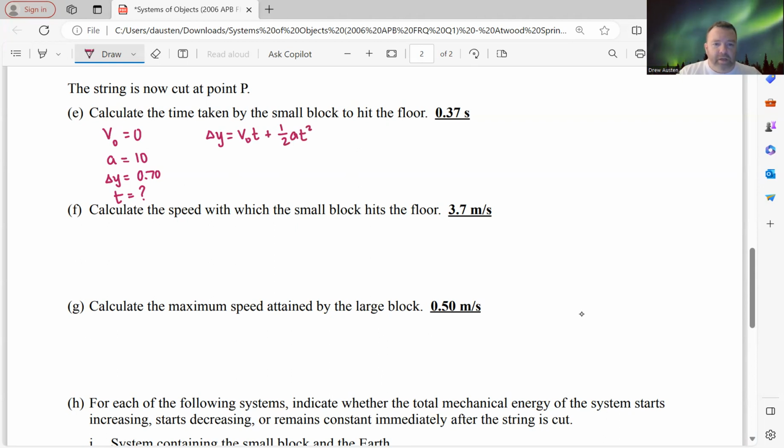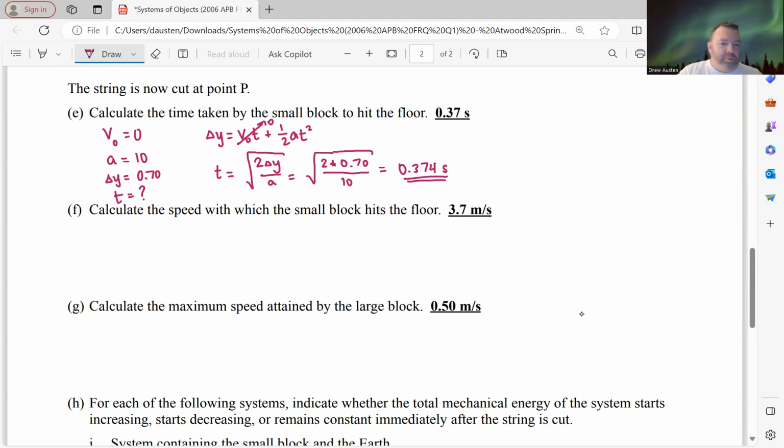The initial velocity was 0, so I can get rid of that whole term, and I can rearrange this to find t: multiply both sides by 2, divide both sides by a, take the square root, and we've got the square root of 2 times 0.70 divided by 10, and all that is going to give you the answer of 0.374 seconds.